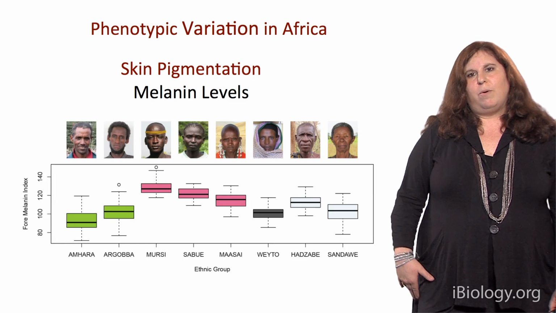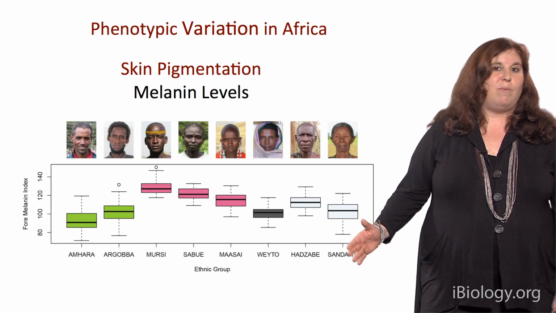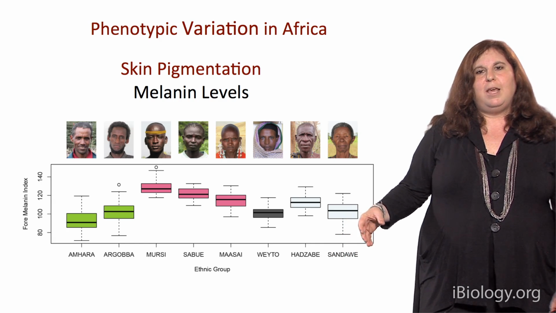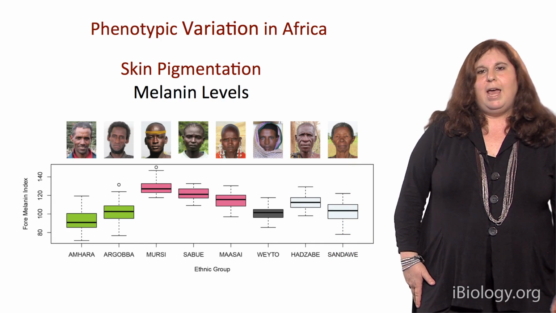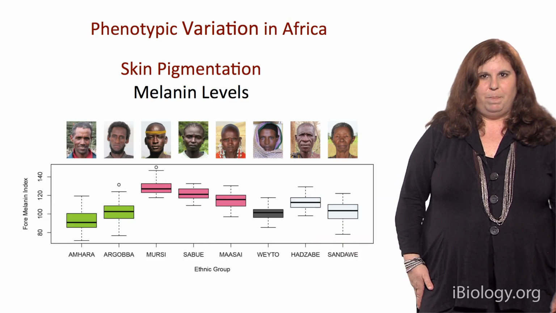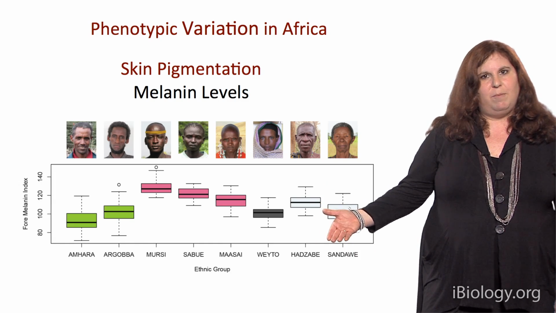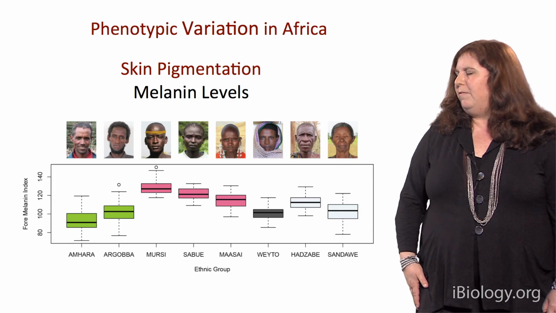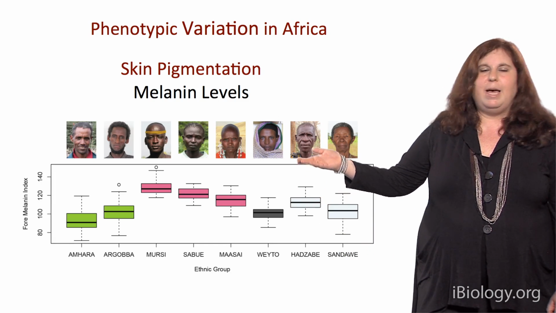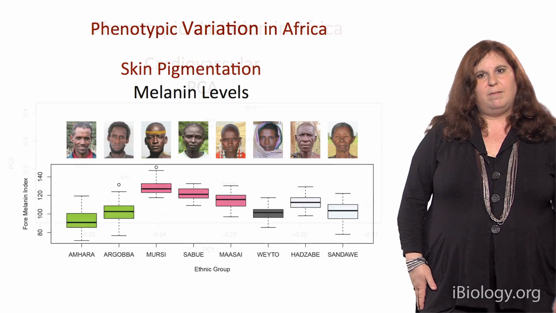And one of the things that we're interested in looking at is correlations with vitamin D, for example, because we know that vitamin D is produced by UV light, and that people with darker skin may produce less vitamin D. And vitamin D can have important health implications, so this is relevant to know. It's also an interesting trait to look at how people have adapted to different environments.